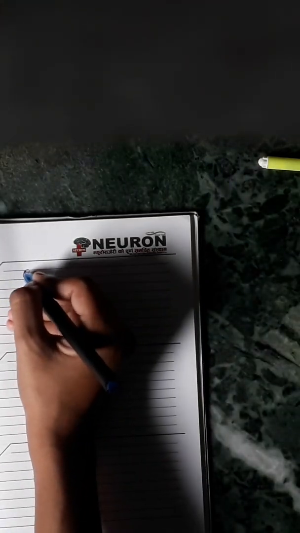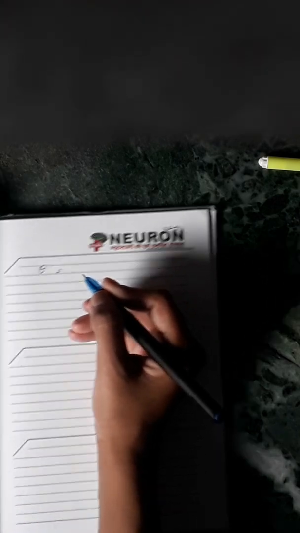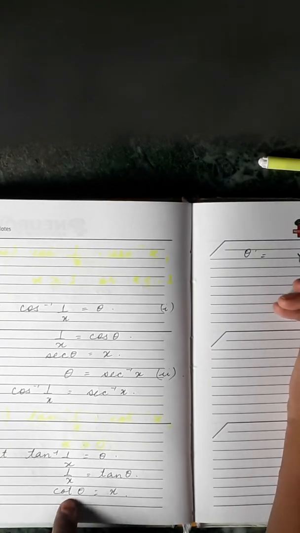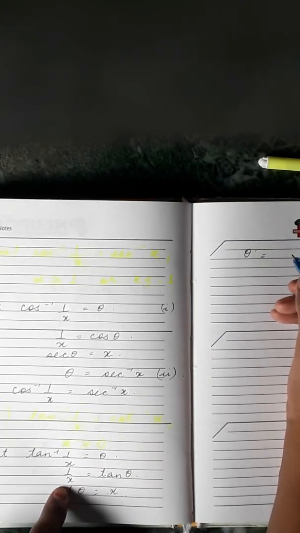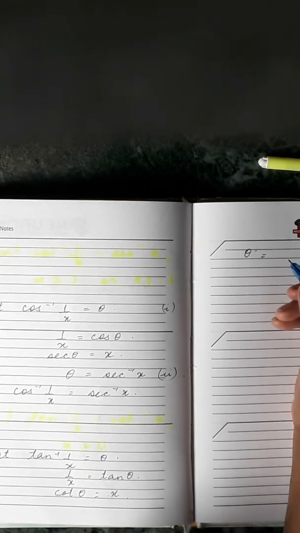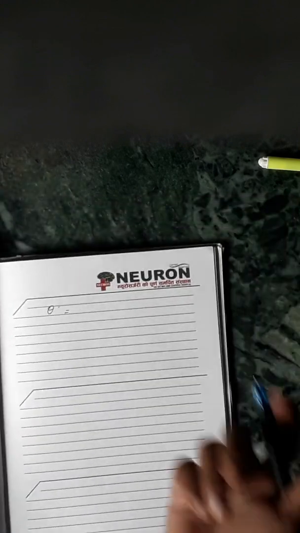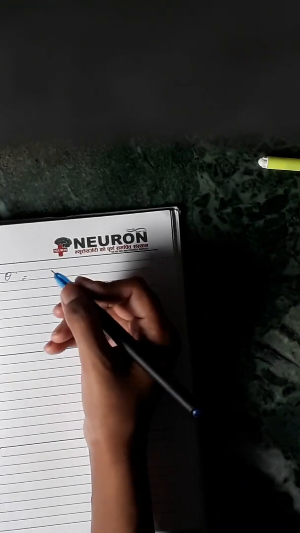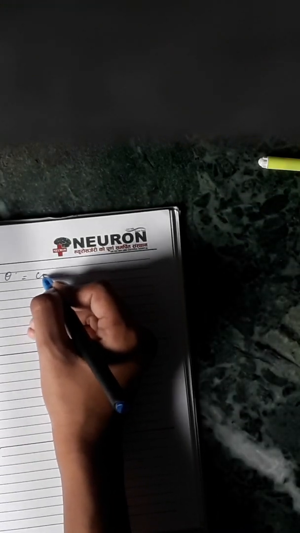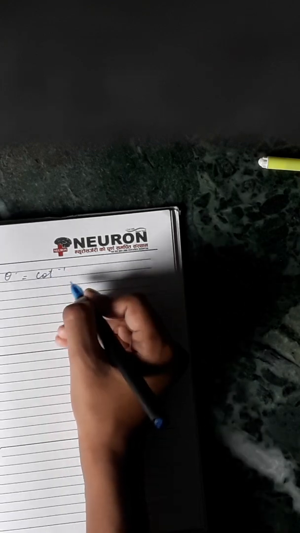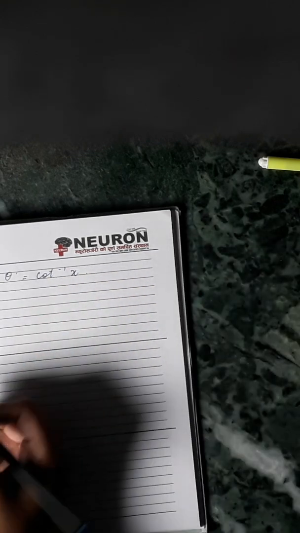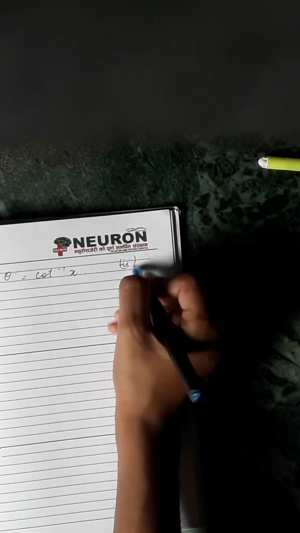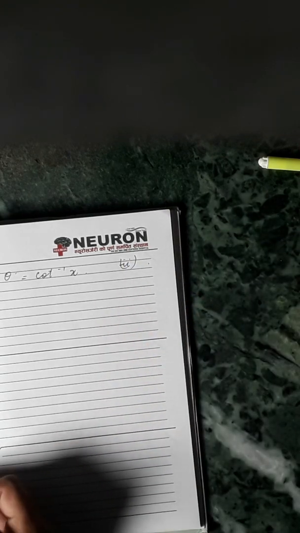Now again you got theta is equal to, what is theta equal to? Cot inverse x. Tan will move from RHS to LHS, it will become tan inverse, and will get attached to the LHS. Again you can compare the first and the second step.